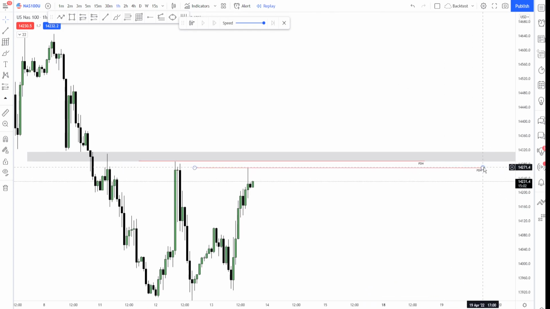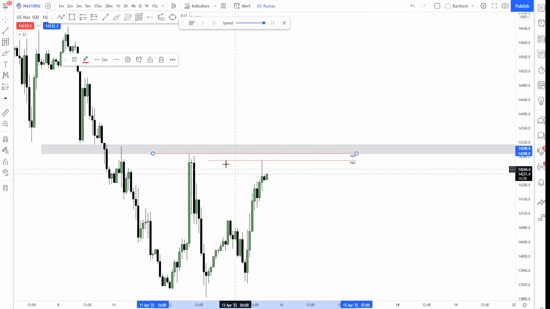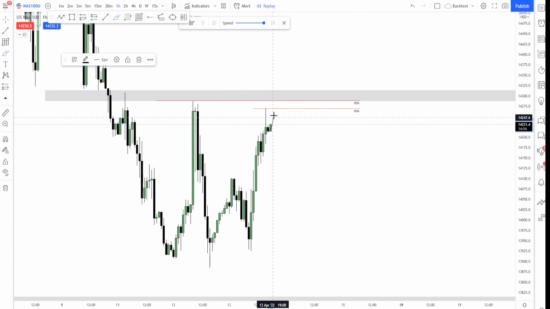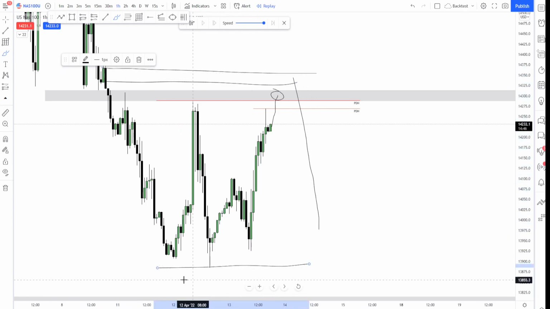All right, so I'm targeting these highs. These are both buy side liquidity pools. I want price to come up into here, tap this fair value gap, potentially come into this order block, and then take out all these lows.